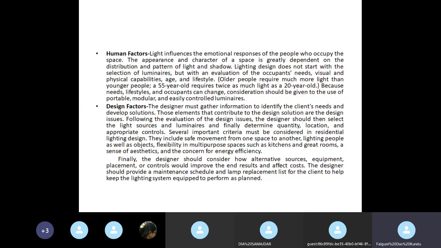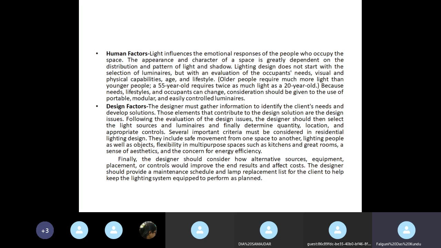Now the design factors. The designer must gather information to identify the client's needs and develop solutions. Those elements that contribute to the design solution are the design issues. Following the evaluation of the design issues, the designer should then select the light sources and luminaires and finally determine quality, location and the appropriate controls.